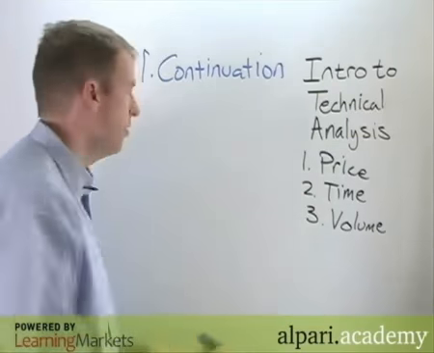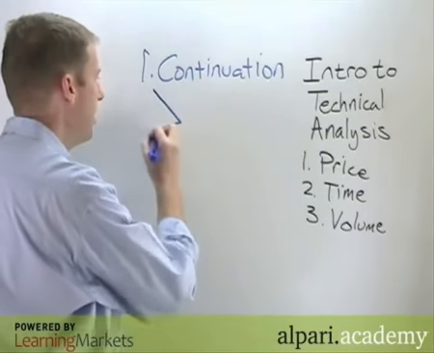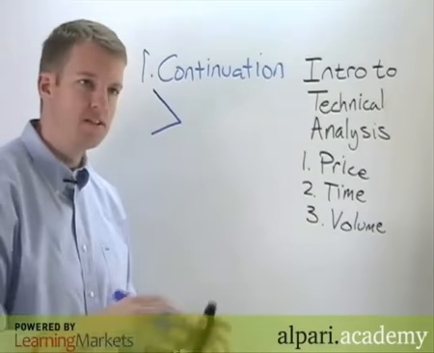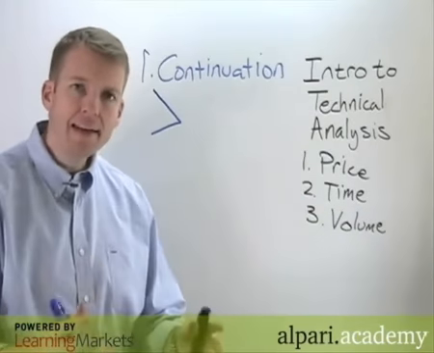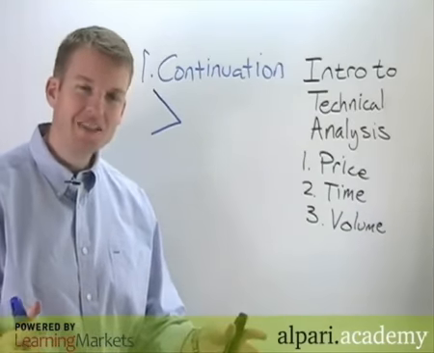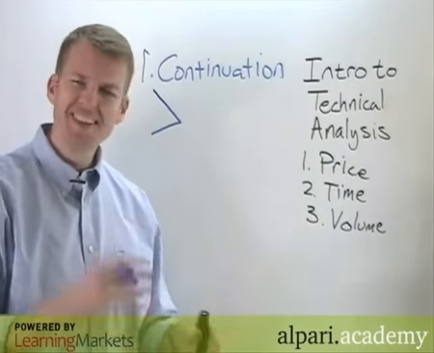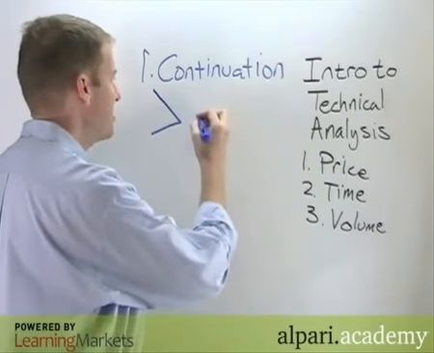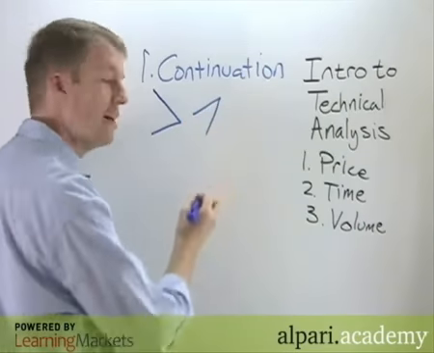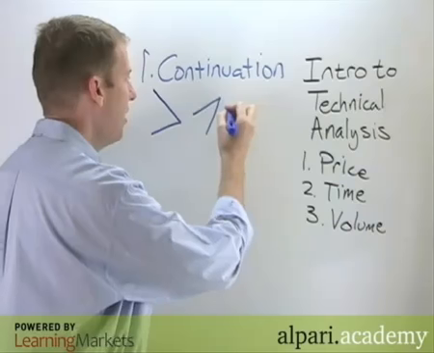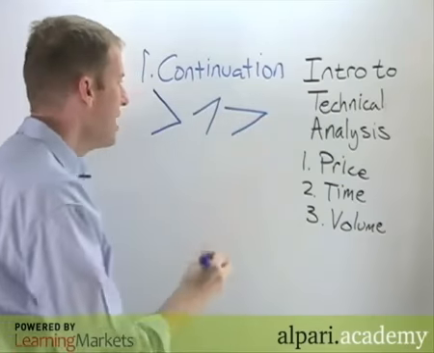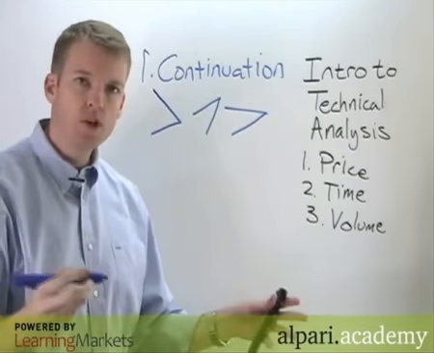Now, technical patterns that fall into this category of continuation, probably the most common type is some kind of a triangle. Oftentimes you'll see technicians talk about this as wedges, pennants, triangles themselves. There are flat bottom triangles, there are flat topped triangles. There's a number of different variations of what these things look like. There's a wedge, for example. We've got flat top triangles, and in each case, here's what's going on.